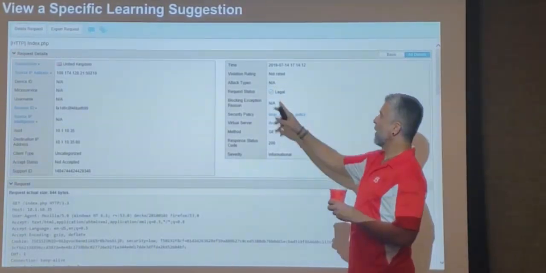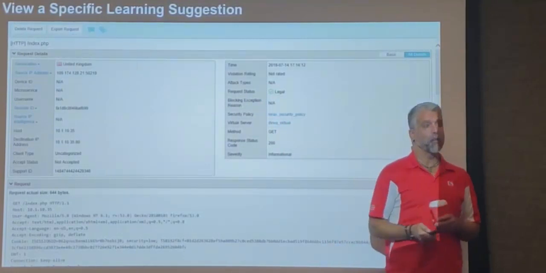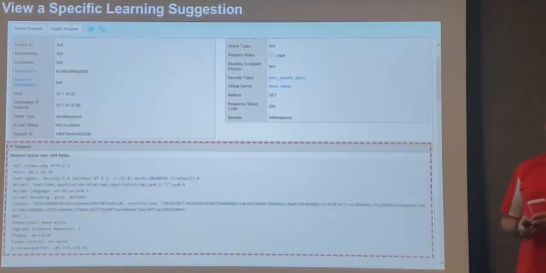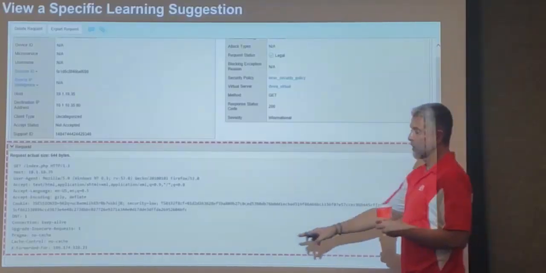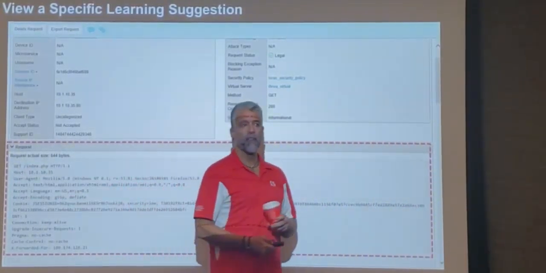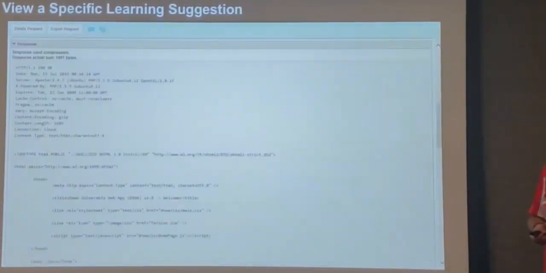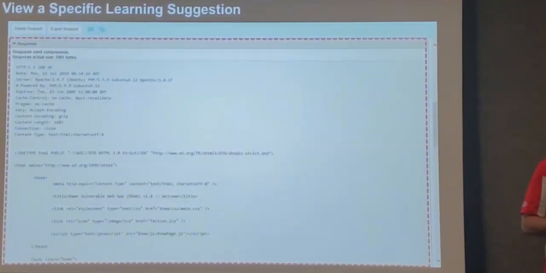We don't have an attack type, so that's a good sign. Down below that, you'll see the full HTTP request: the request line, the headers. If there was a body, you'd see the body, but there's no body because it's a GET request. And potentially, if it's enabled, down further, you can actually see the HTTP response that was sent back to the user.